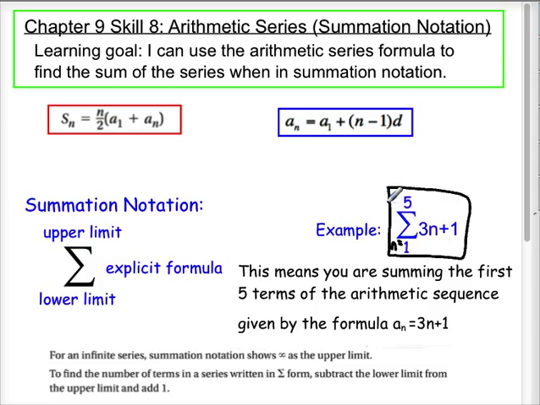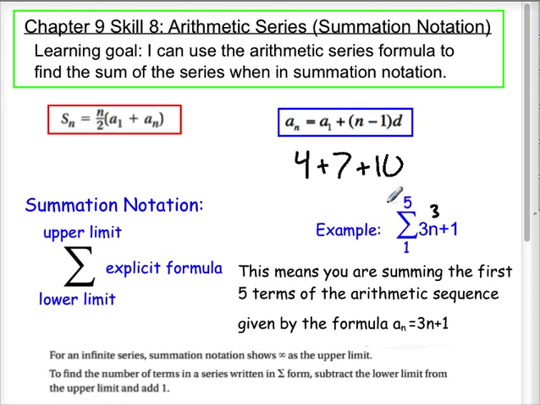You're starting when n equals 1. So that means your first term is when you plug 1 in for n. Well, 3 times 1 plus 1 is 4. Then you plug in 2. So 6 plus 1 is 7. Plug in a 3 for n and get 10.